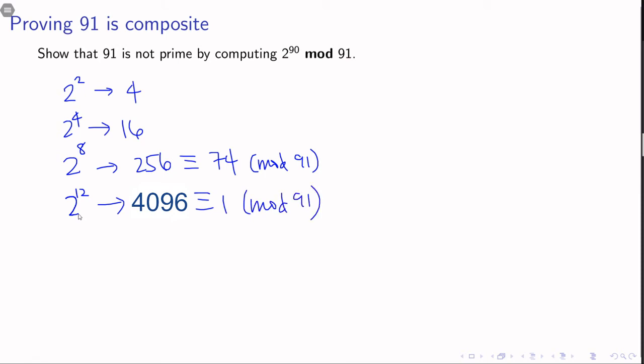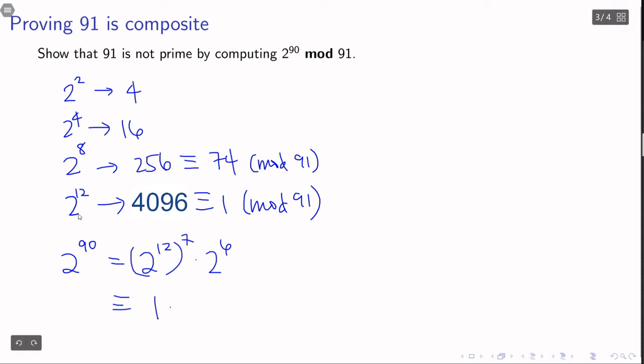And so we can use this. Therefore, 2 to the 90 is equal to 2 to the 12 raised to the 7th power times 2 to the 6th. That's 84 plus 6 is 90. And that's congruent to 1 times 2 to the 6th power, which is 64.